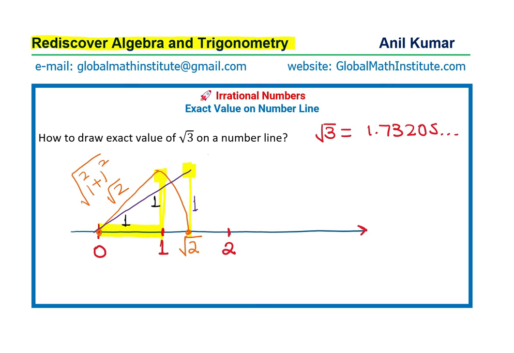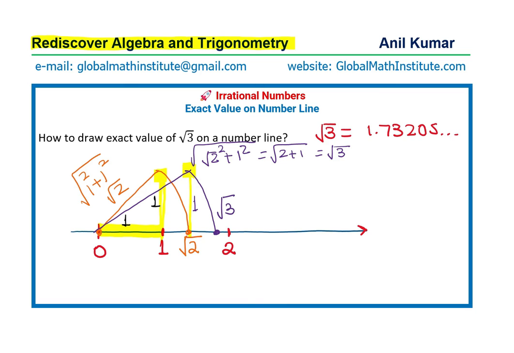It is square root of 2 square plus 1 square, which is square root of 2 square plus 1, and that is square root of 3. So we get the exact value of square root of 3, and that value can be marked, and you can take a compass and you get a value which is square root of 3 as shown here.